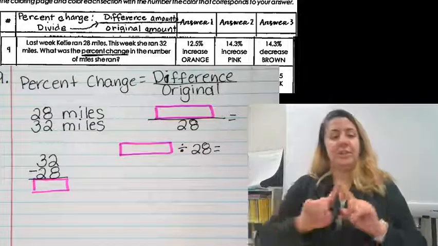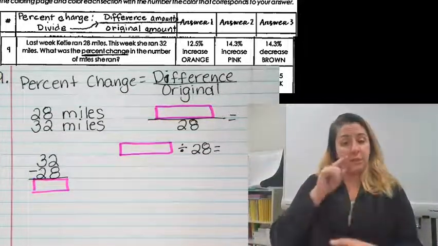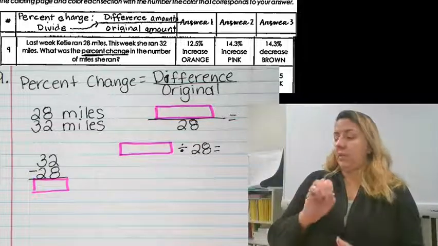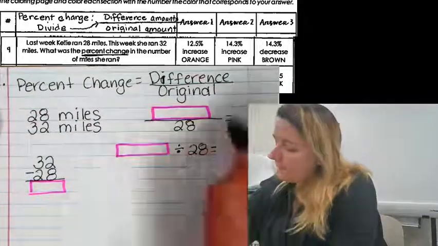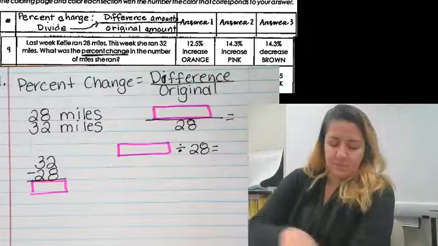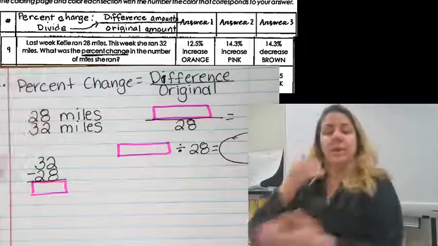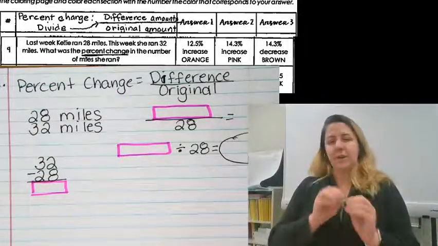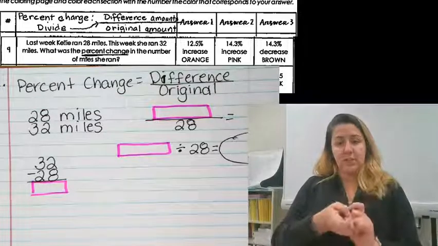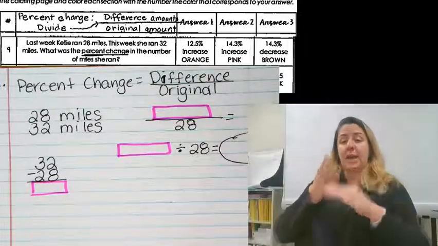That is just a different way that you can write it. Maybe it will help make it easier for you. So then you're going to get an answer. Now, again, the same as number 6 with percent change, your answer will have many numbers after the decimal.